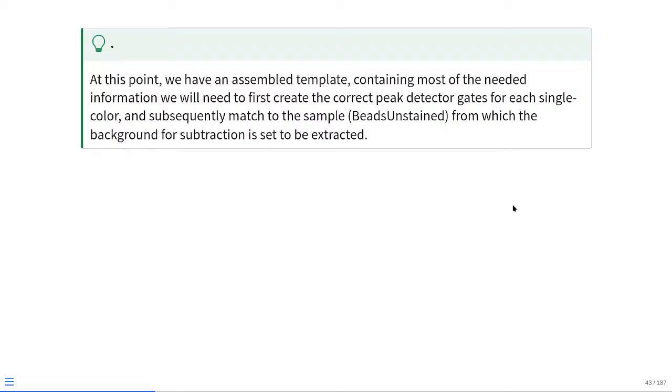It would contain most of the needed information in terms of creating a correct peak detector gate for each individual single color control. And then subsequently, once we have verified those gates were created and placed properly, match the extracted values we get from those gates for background subtraction for whatever we've designated in the negative column, in this case the bead unstained.